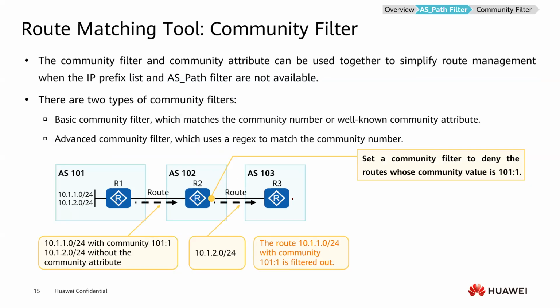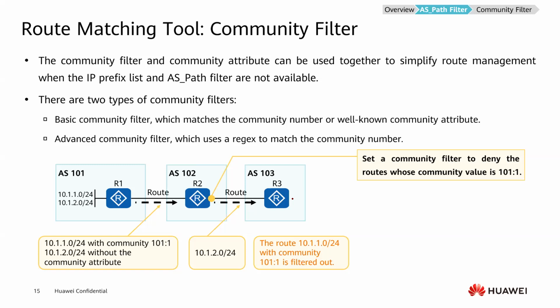The next topic is the community attribute. The community attribute is also a common attribute for BGP. It's an optional transitive attribute. It can identify routes with the same characteristics regardless of the route prefix and AS number.